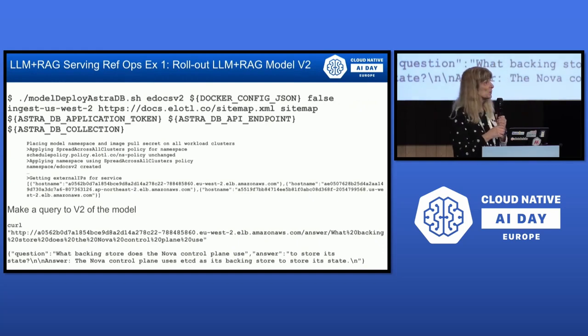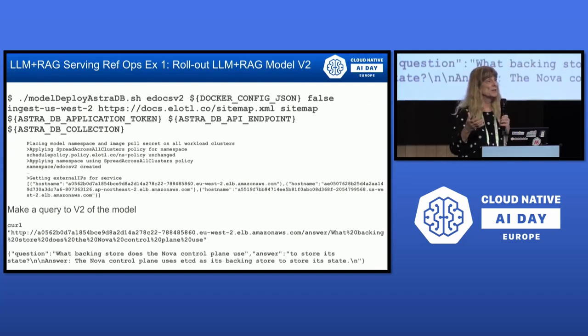OK, now we're going to deploy version 2 of the same model. So in version 2, we're going to use a different namespace so that we can separate the two models in terms of the resources they're using. We're not going to populate the vector database this time. We want version 2 to use the same version of the vector database that version 1 did. So very similar, multiple steps. We've left them out for brevity here.